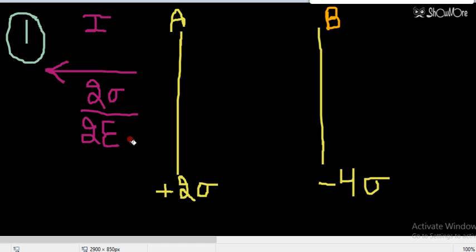This is the magnitude of electric field which is along the left direction as shown in figure. I hope it is clear.